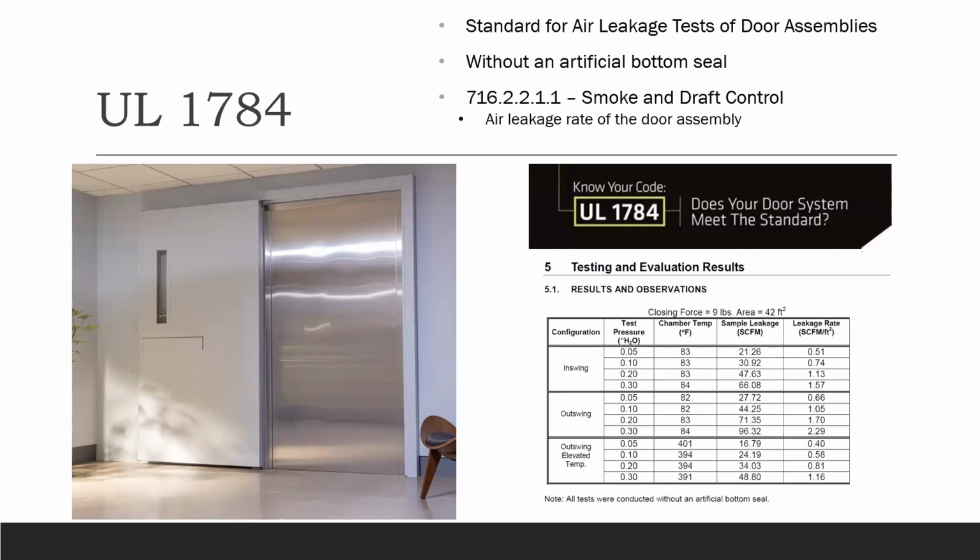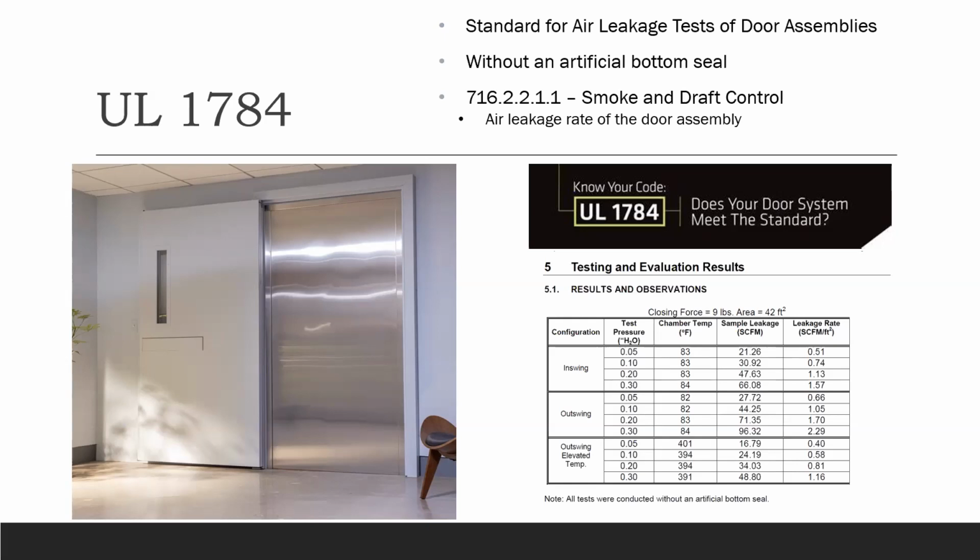What was that artificial bottom seal, you may ask? It was a piece of tape on the bottom of these doors. I hope you don't see tape on the bottom of these doors in the field. But the IBC recognizes, of course, that did not reflect reality.